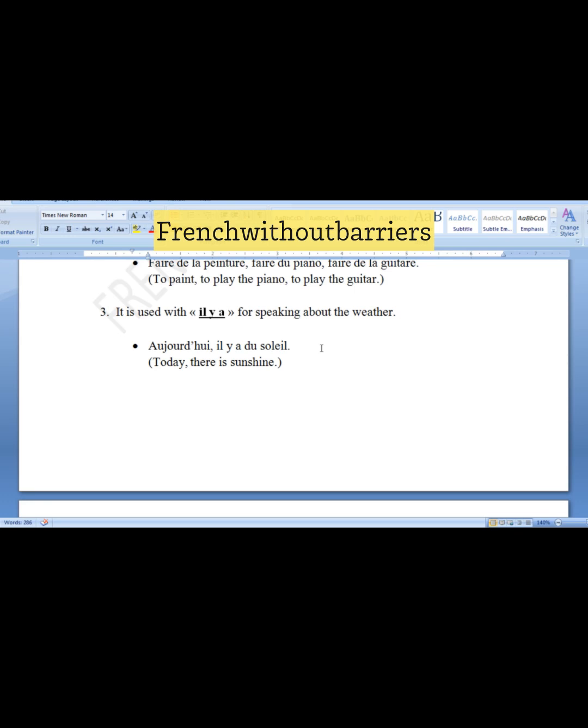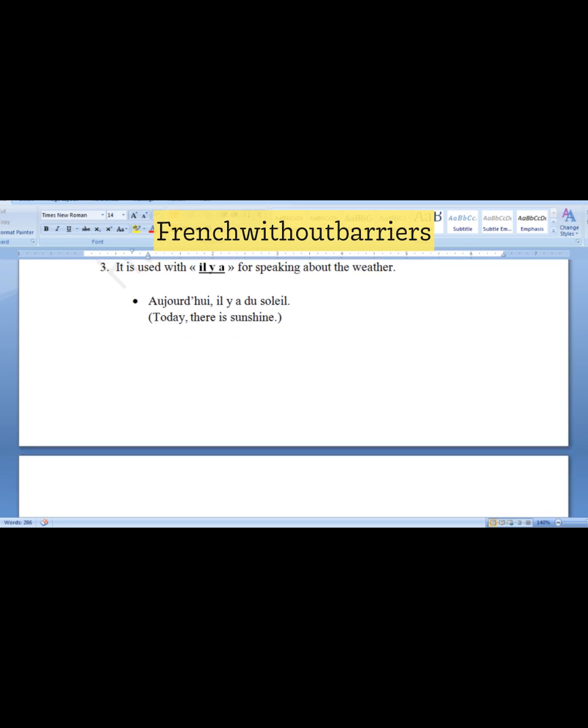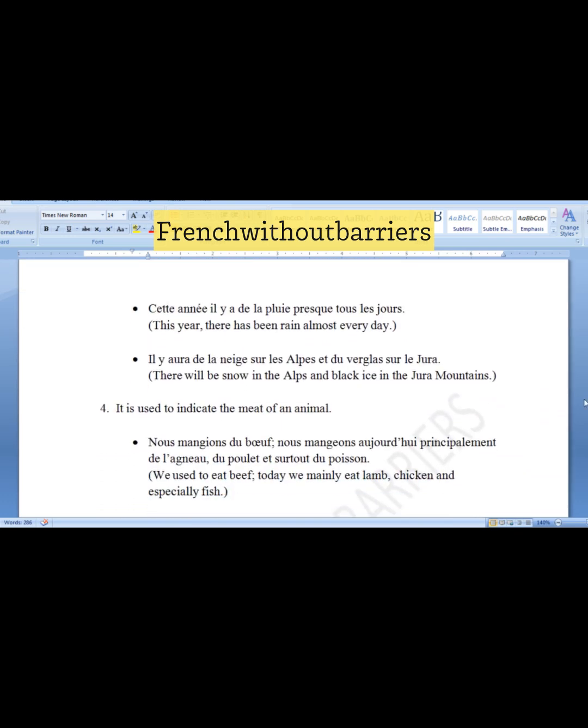Again, the next example which is here is: cette année il y a de la pluie presque tous les jours. This year there has been rain almost every day.